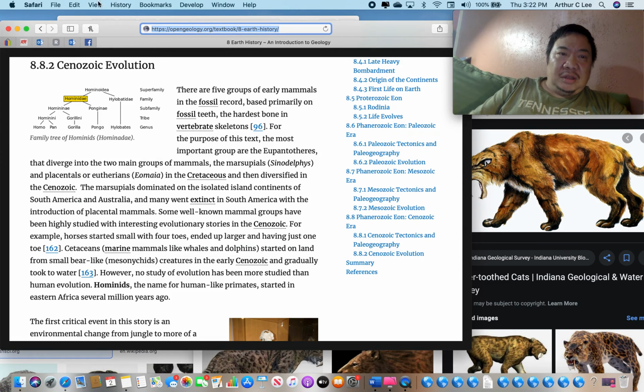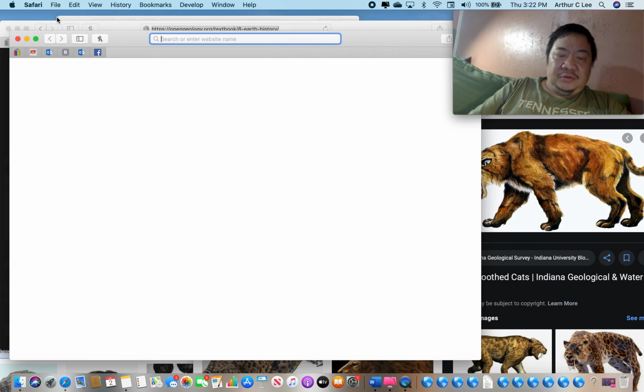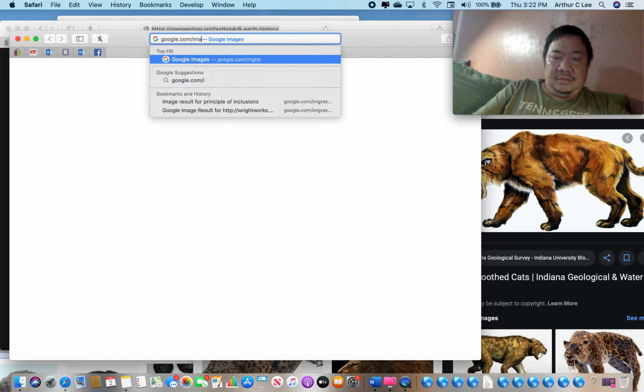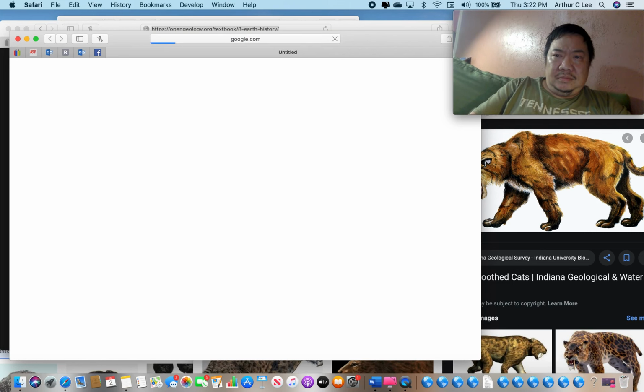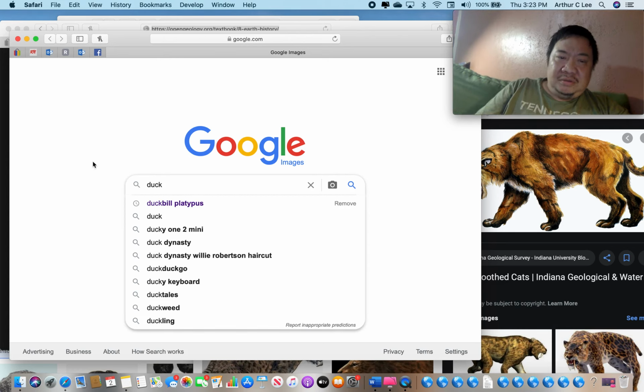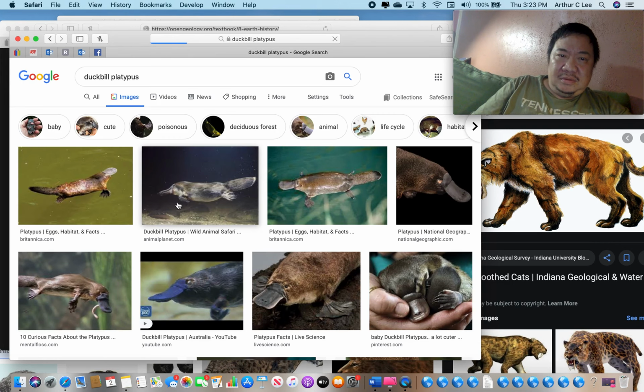Let's take a look at some of their features. First is a monotreme. Monotremes are the most primitive of all mammals. In fact, they still lay eggs. And there's only two types that are still alive. We have the duck-billed platypus. Looks like this.